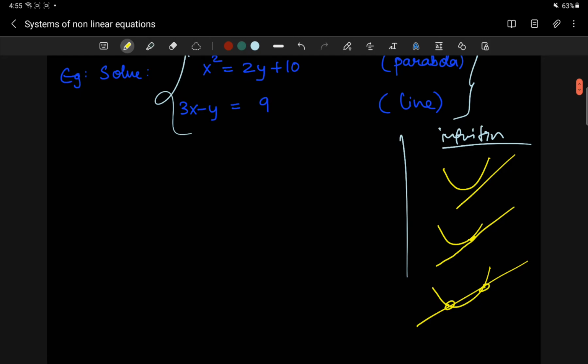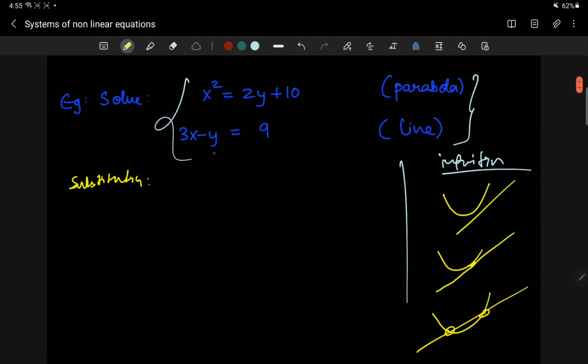Now, how do we solve? The method is called substitution, which is one of the ways in which you solve a set of lines as well. So here, from the second relation, suppose I add y, then I get 9 plus y is 3x, and then y is 3x minus 9.